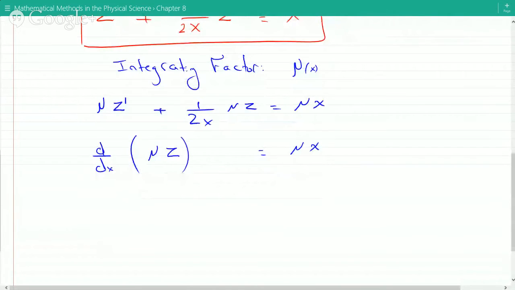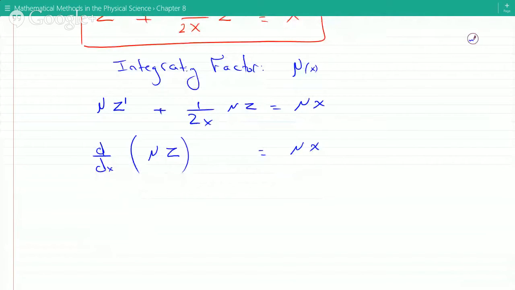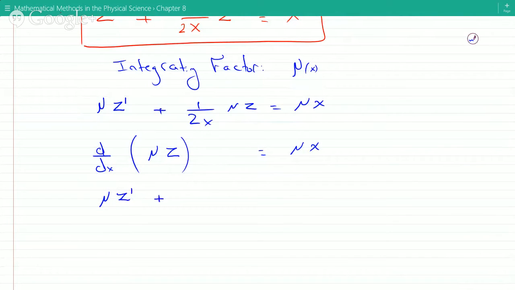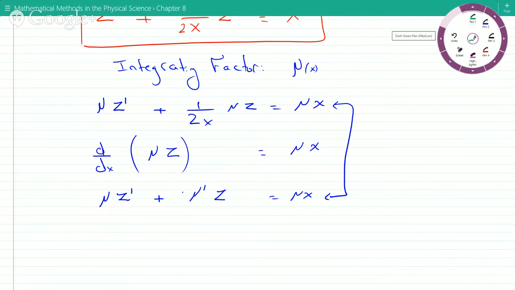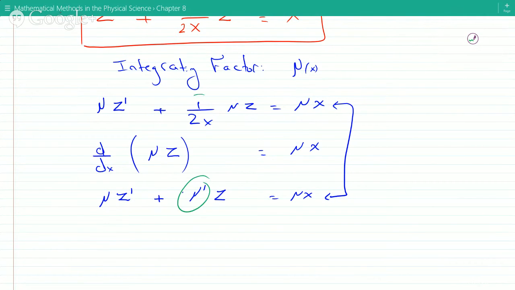And now if I expand the product rule, I will get mu z prime plus mu prime times z equals mu x. And if I were to compare these two, it's easy to see that mu prime has to equal 1 over 2x mu.